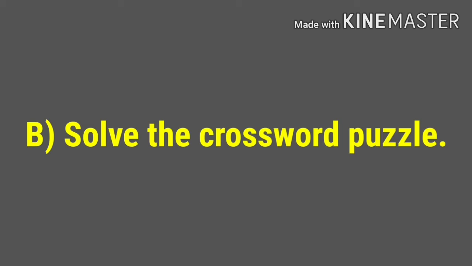Solve the crossword puzzle. The answers are nouns in the opposite gender of the clues. First one, across: king. What is the opposite gender for king? Queen. King is masculine, and the feminine for king is queen, so write queen. Second one, bull.